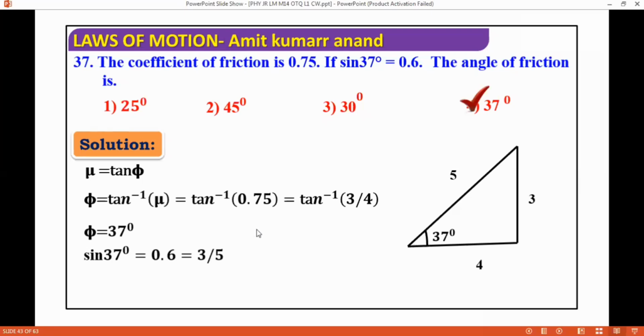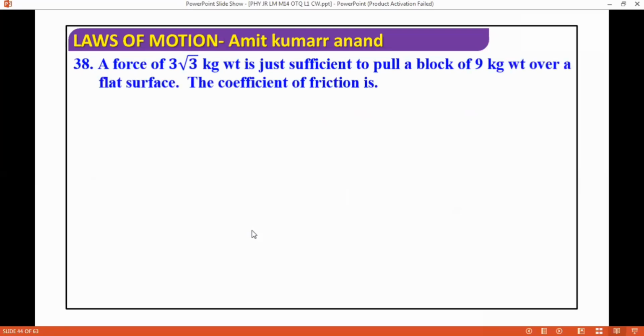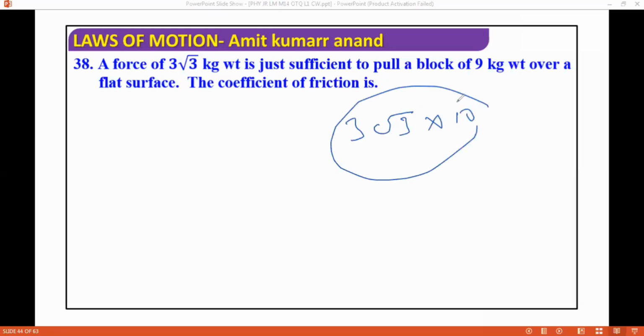Next question. A force of 3 root 3 kg weight is just sufficient to pull a block of 9 kg weight over a flat surface.